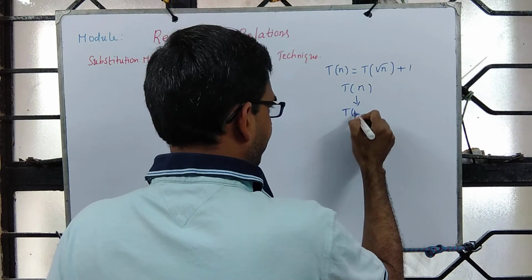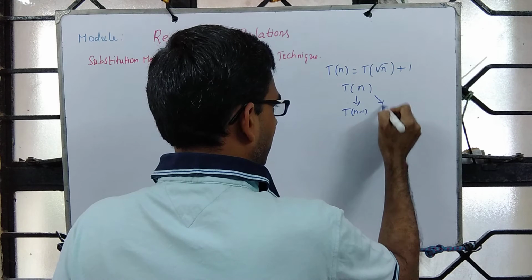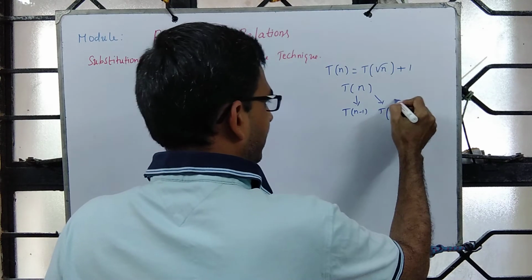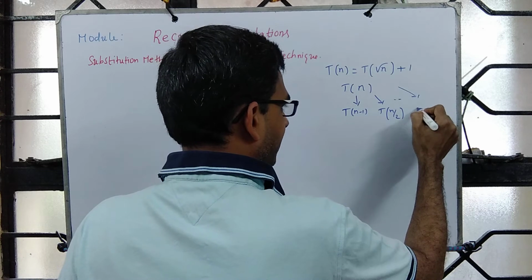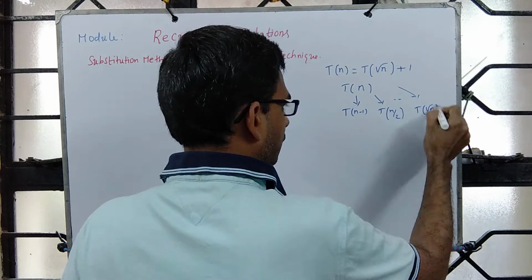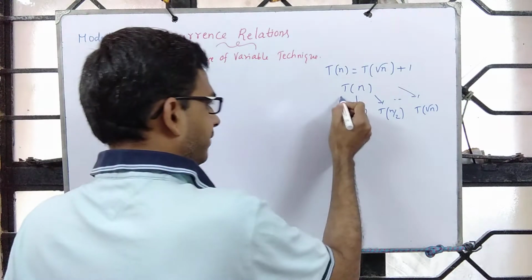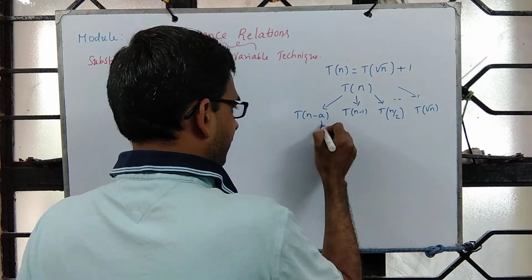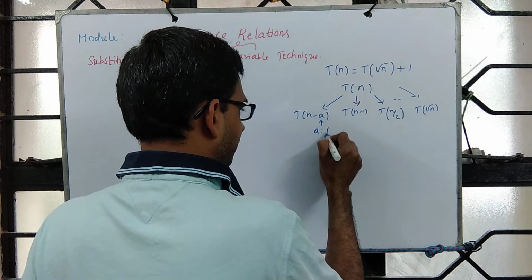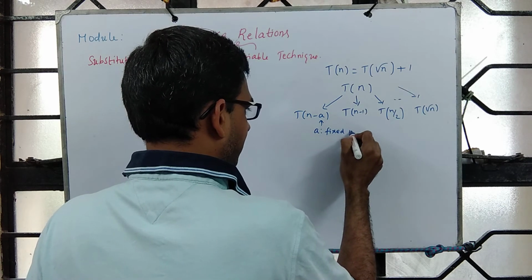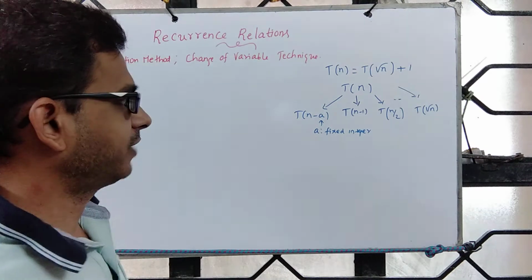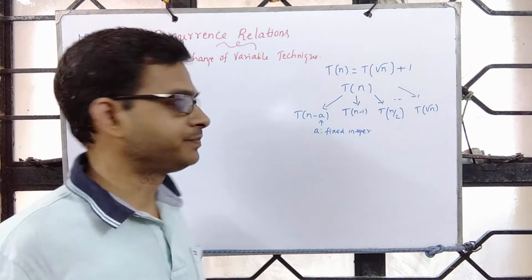So that could be t of n minus 1, or that could be t of n by 2, or it may even be something like t of root n, or we may even get t of n minus a, where a is some fixed integer, meaning it could be t of n minus 2, t of n minus 5, t of n minus 10, and so on.